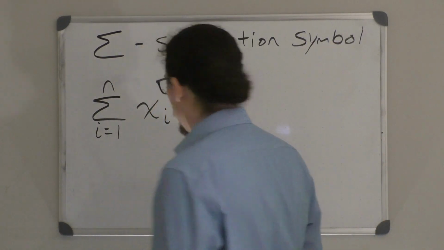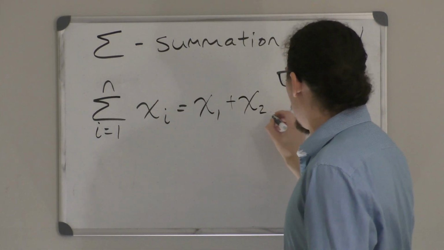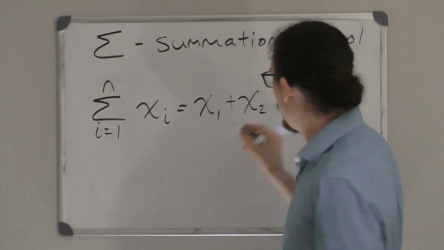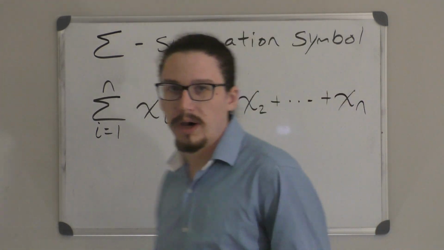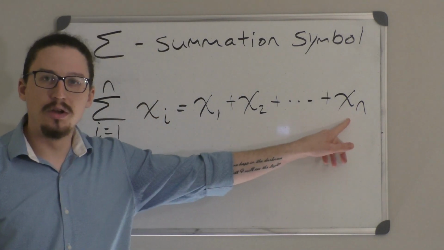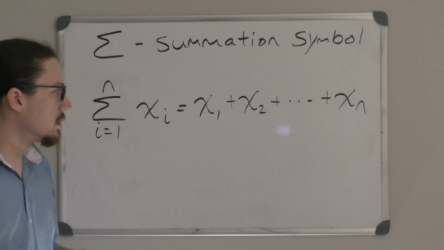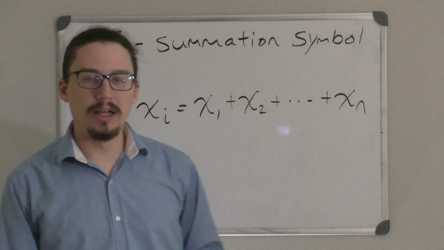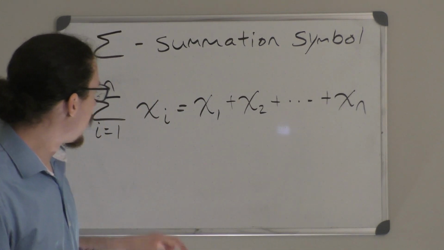So we would start with, obviously, the first one, x1 plus x2, all the way to the nth or the last observation. Right? So that is what that summation symbol is telling us to do, just to add up all of those values.